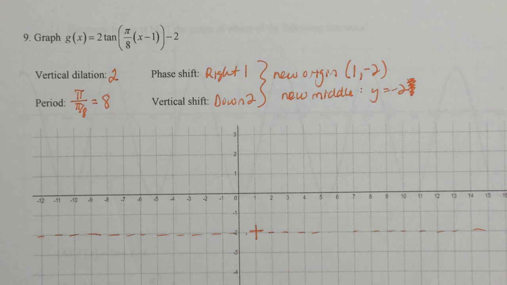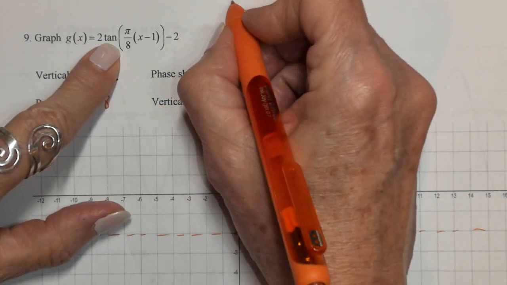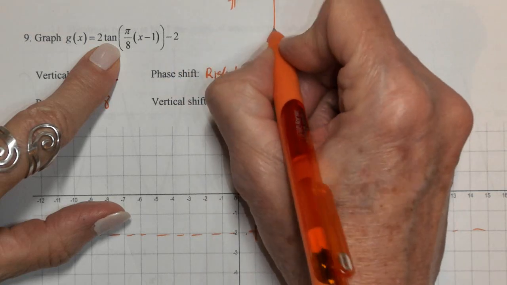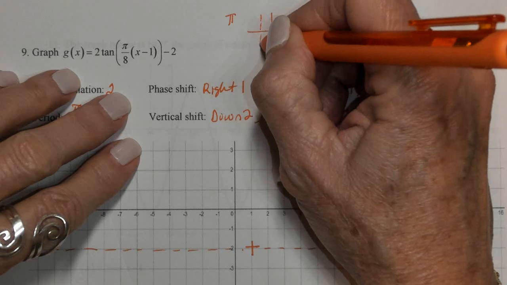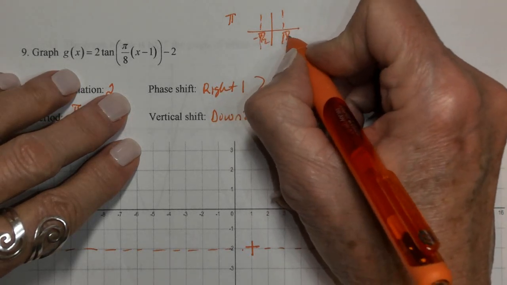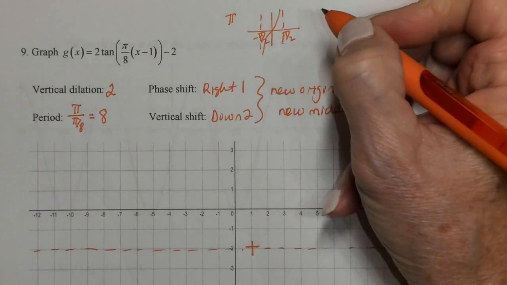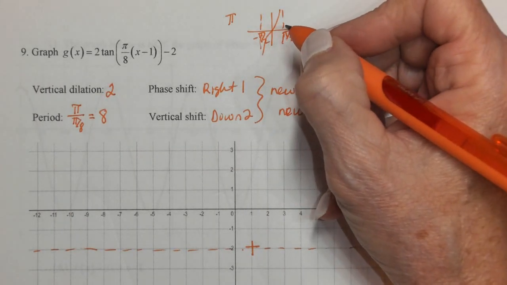Okay. So, this is a tangent. In a tangent, its normal period is pi, right? And the normal thing that we start with for tangent is our two asymptotes from negative pi over 2 and pi over 2. That's what I want you to think of as just that first arm of tangent, regular old tangent.